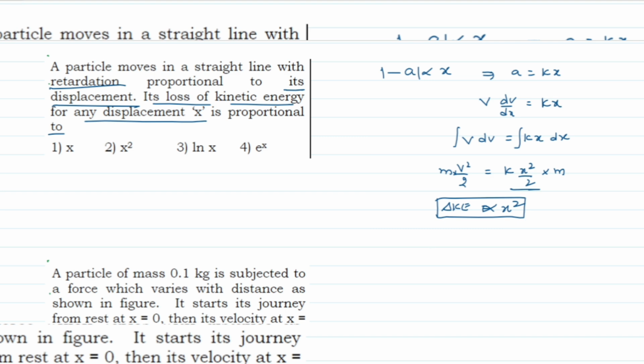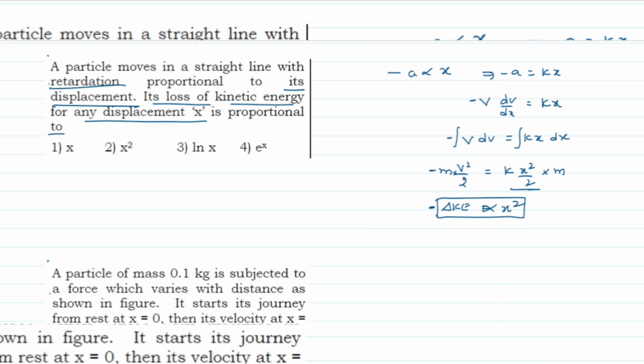So loss in kinetic energy doesn't mean the value will be minus, right? Or else this minus value you have to continue here, right? Here magnitude not required, I think so. Here it is minus a is directly proportional to x you can take, right? Now let us see the next question.